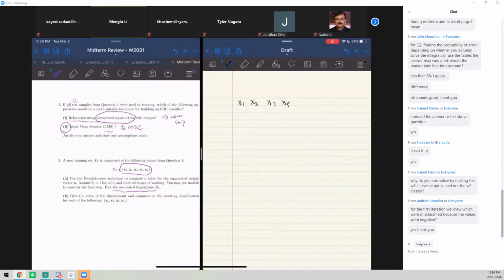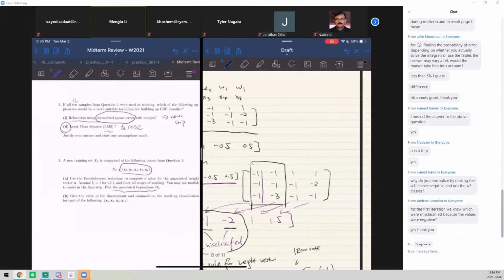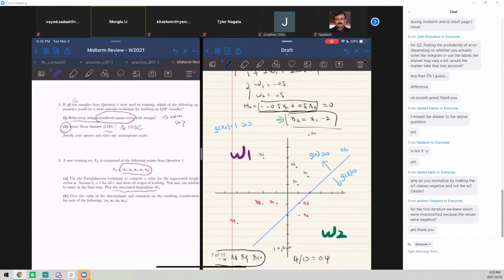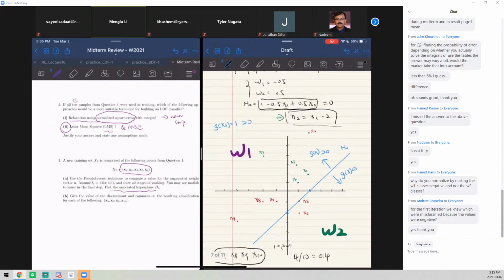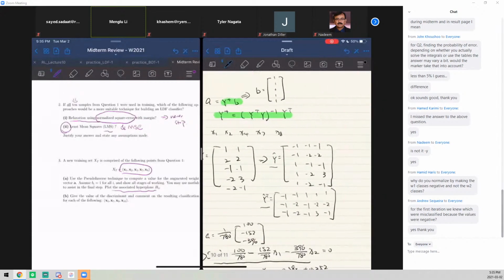The only one that is misclassified is x10, because the graph is like this. The x10 is too far away from its original class.